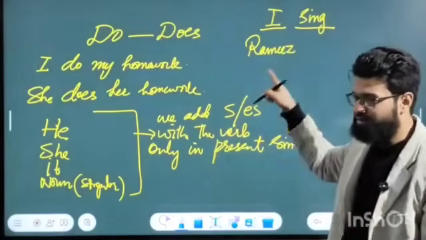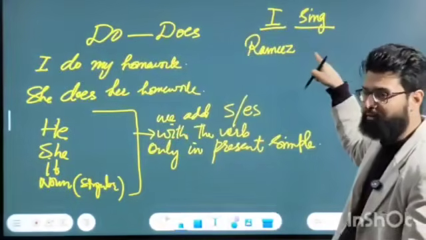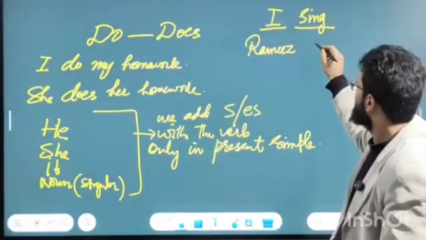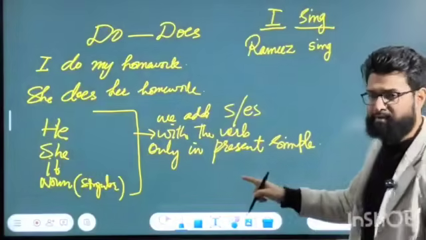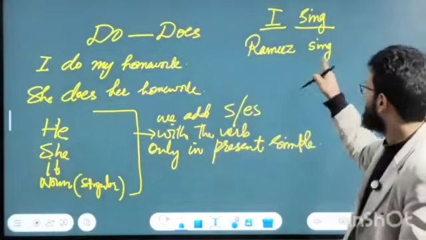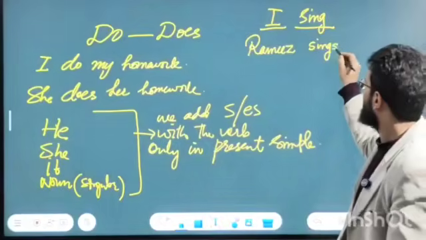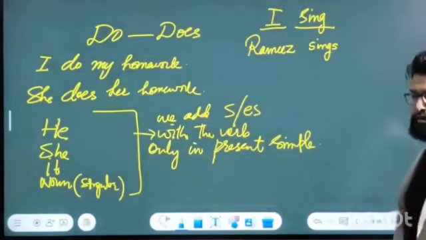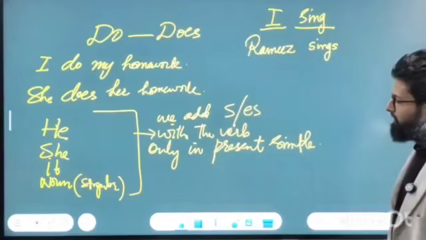I chose my name, singular, right? I'll have to use a verb now. I'll use sing. Now what does the rule say? If I'm writing present simple, I have to add S or ES with the verb. I think this is clear.